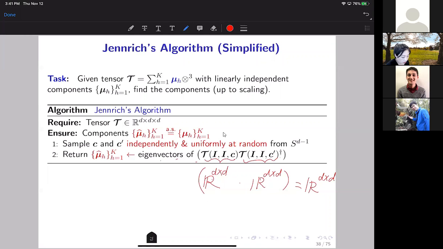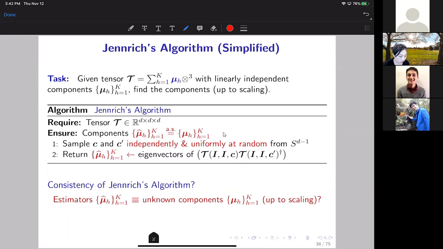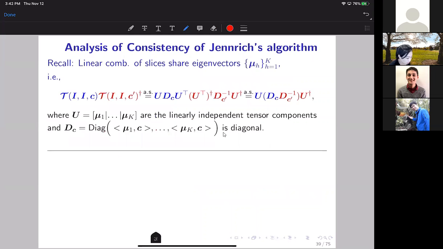Okay, so people want to ask the question of how the Jennrich algorithm is consistent? So actually, it's consistent up to a scaling factor. So here is the analysis. Remember, what we're doing is based on this tensor, right? So this is what we are doing eigendecomposition on.